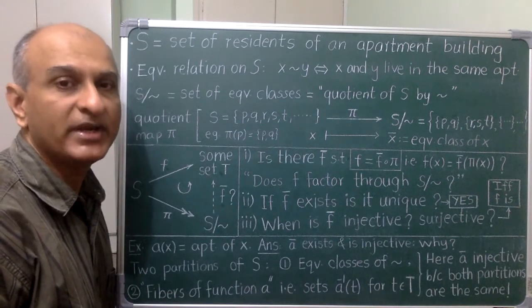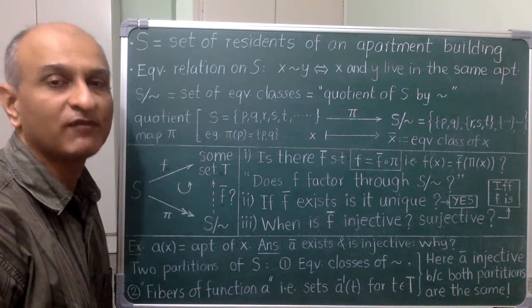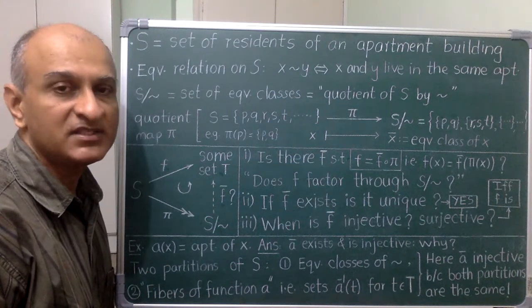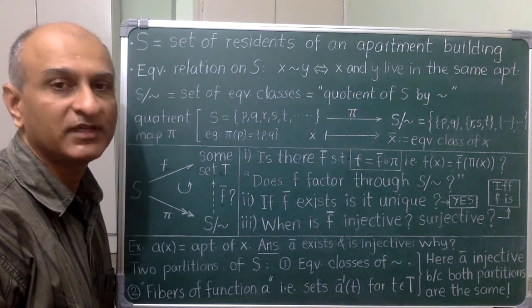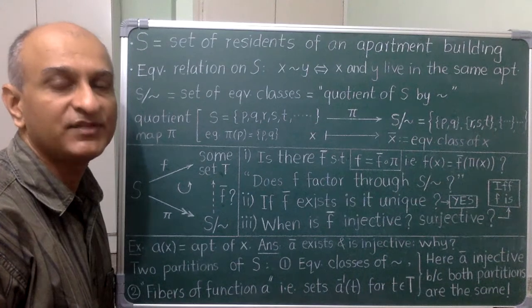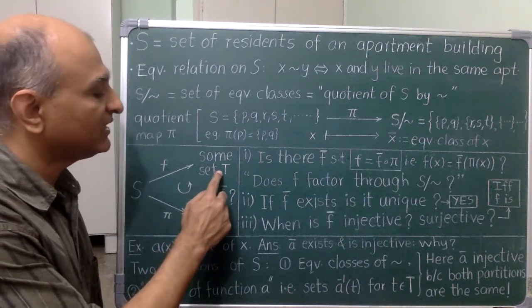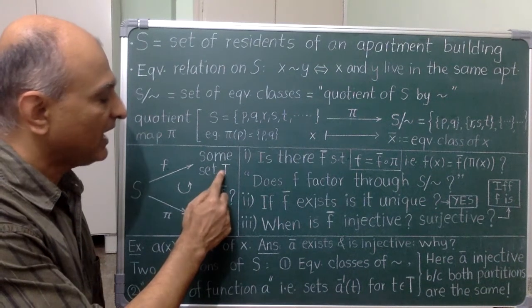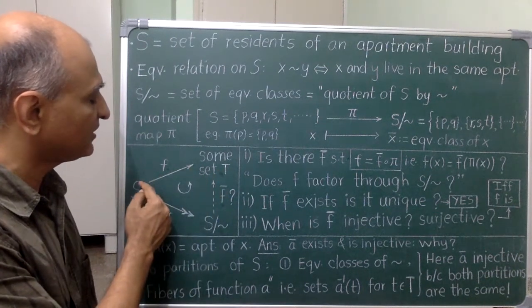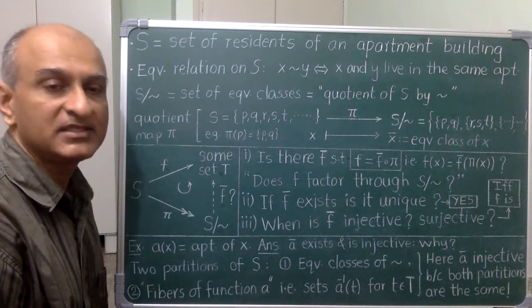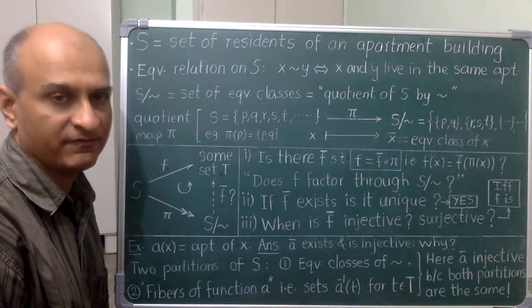Notice that there are two independently obtained partitions of the set S. The first is just equivalence classes of the given equivalence relation, and we have used that. The second is obtained by taking every element of the target set T and taking its inverse image under the given function f. These are called fibers of the function f.